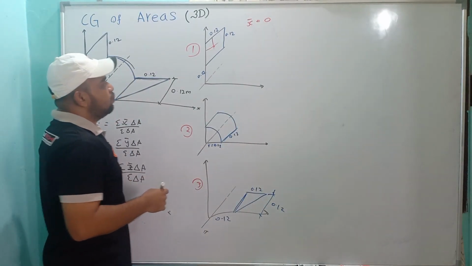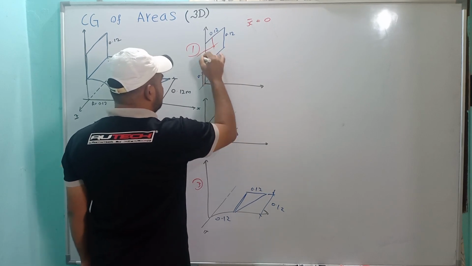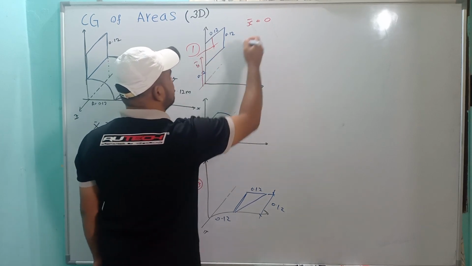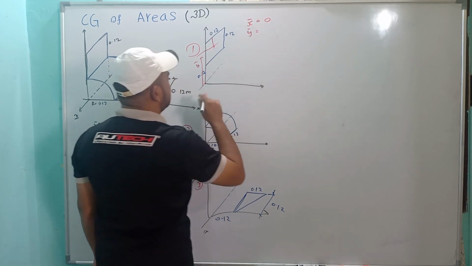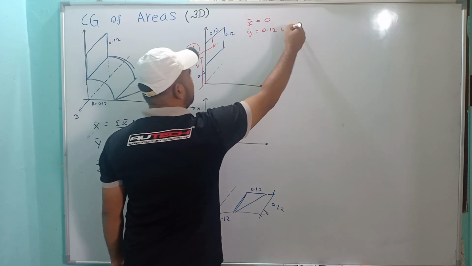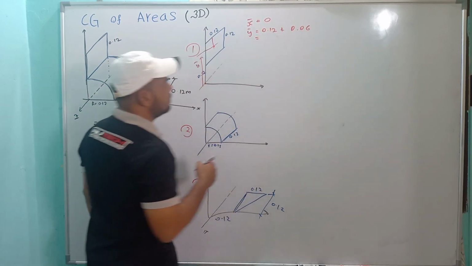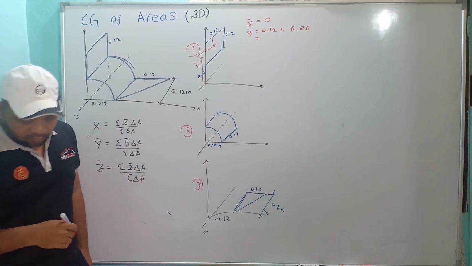Then we go to y bar, from this one to here. Y bar is equal to 0.12 plus half of it, 0.06, which is 0.18.